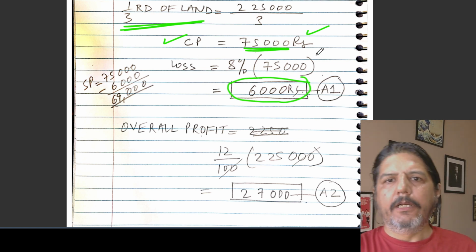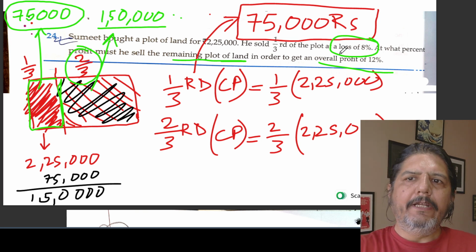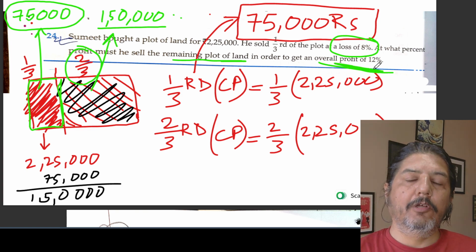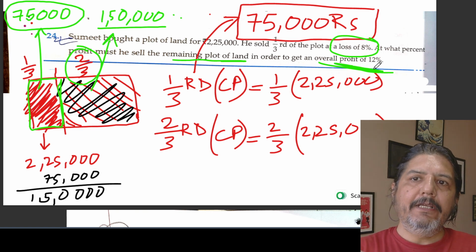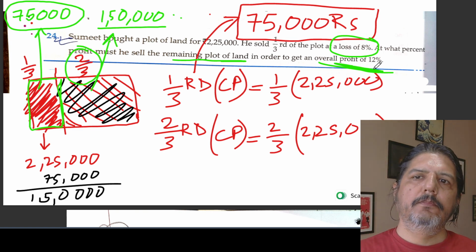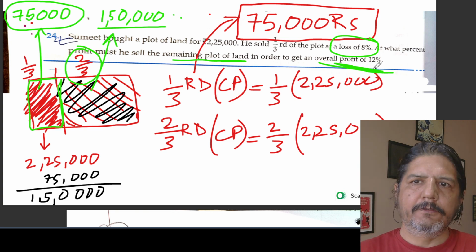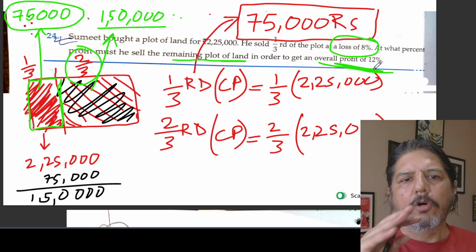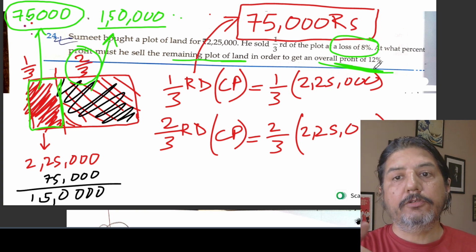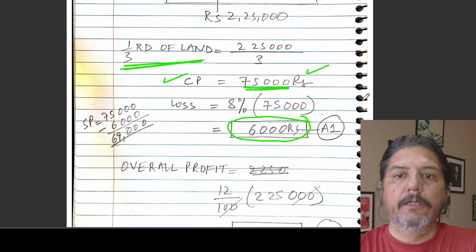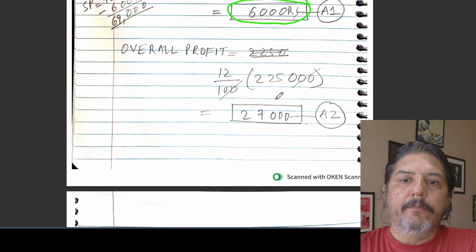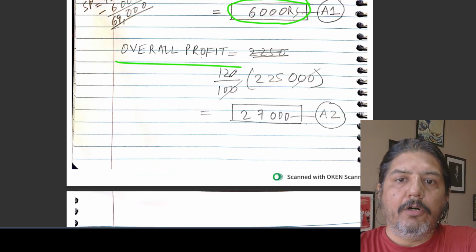Now, when he is asking that at what percent must he sell the remaining plot of land in order to get an overall profit of 12%, this 12% is on the overall 2,25,000 rupees. This profit will have to cover the loss of 6,000 also. So what I'm trying to say is that he wants an overall profit of 12%.